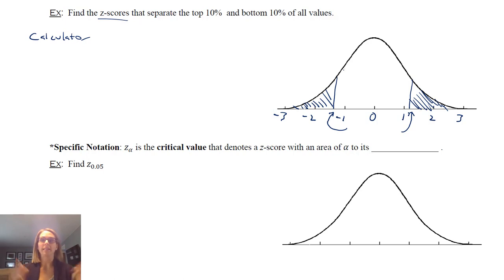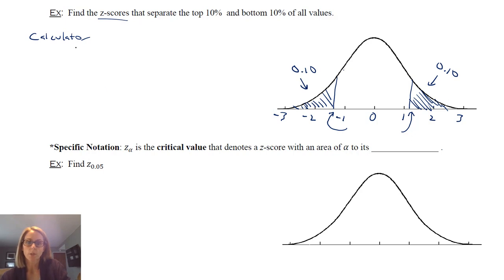And one key thing to see is they're symmetric, because the normal distribution is symmetric. And so if you're talking about the same percentage on each side, which is 0.10, 0.10, well, those are going to be the same. One of them is just going to be negative and one's going to be positive.